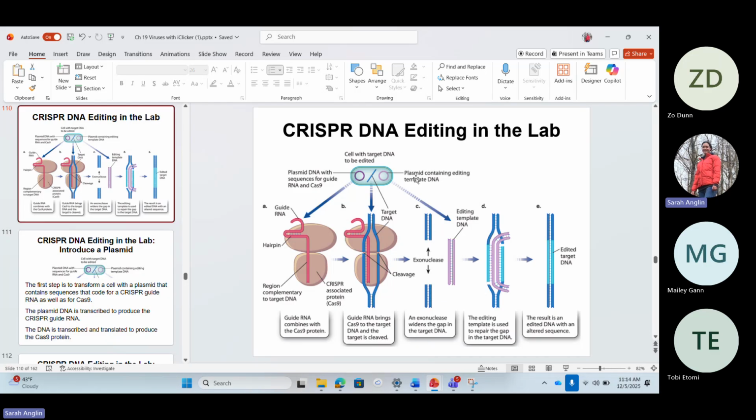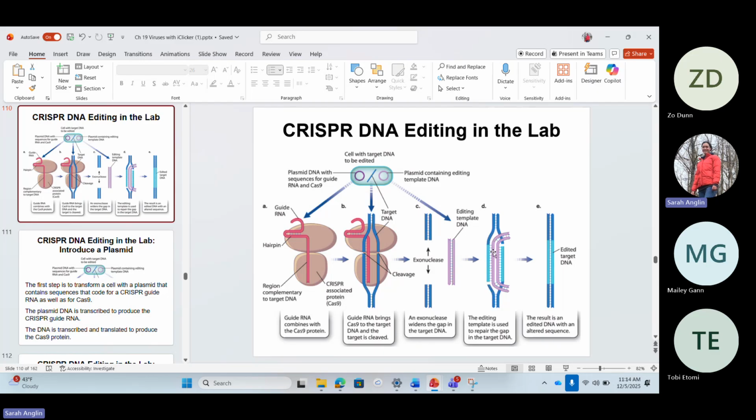Then, it's important at this time, scientists will introduce what's called editing template DNA. This editing template DNA is complementary to the sequence that scientists want to have within the gene that they're trying to edit.